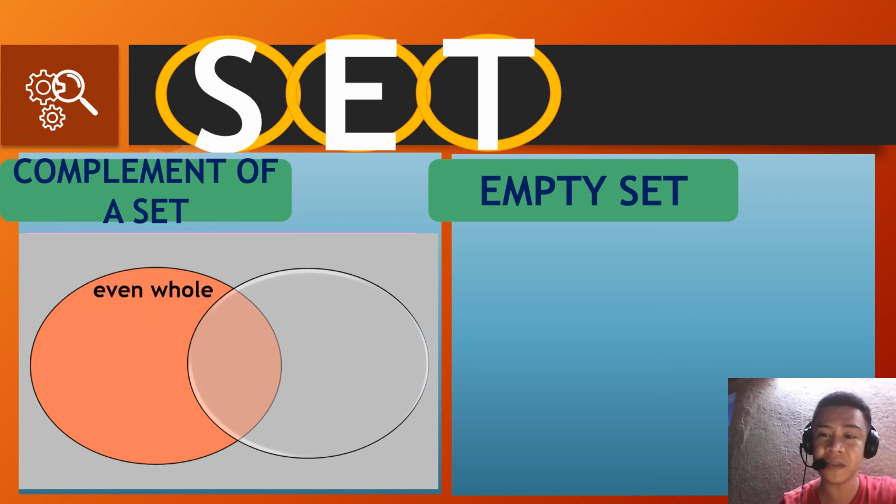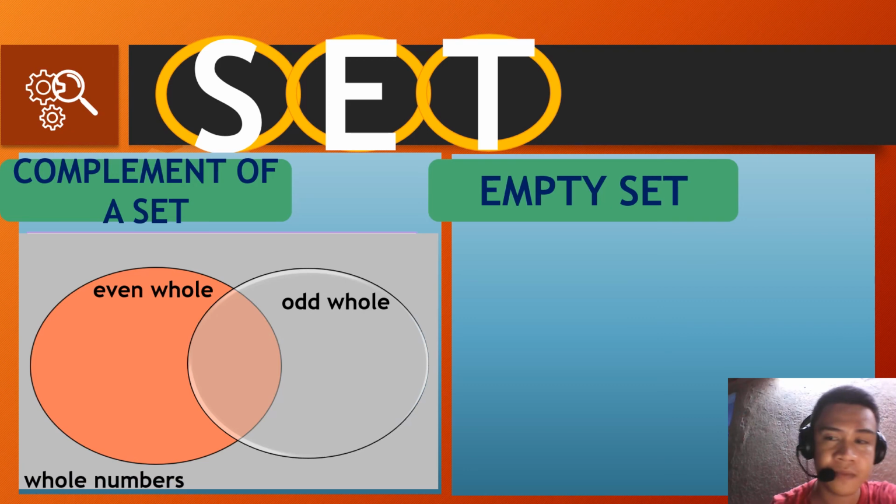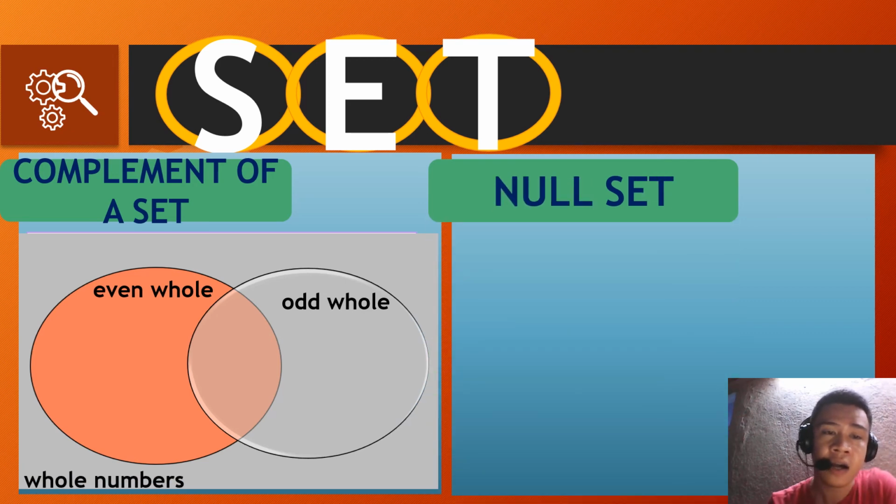By using Venn diagram, eto siya. Kung gray area is our whole numbers, ang complement naman ng odd whole numbers is even. That means, hindi sakop ng odd whole numbers is the complement of odd.